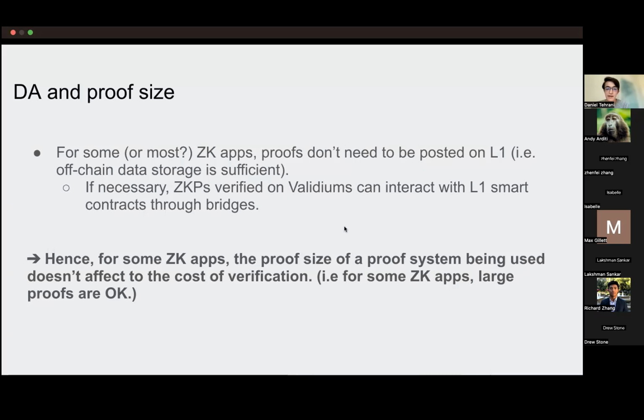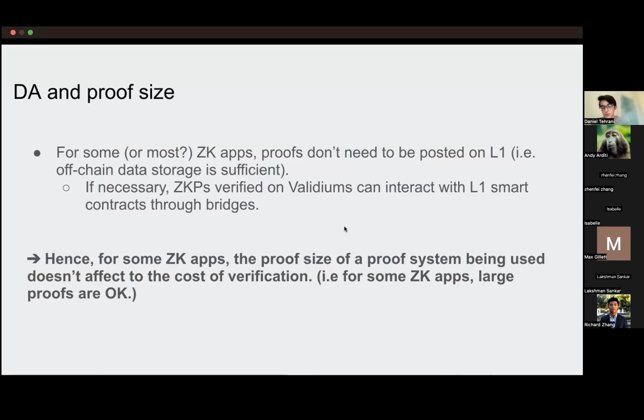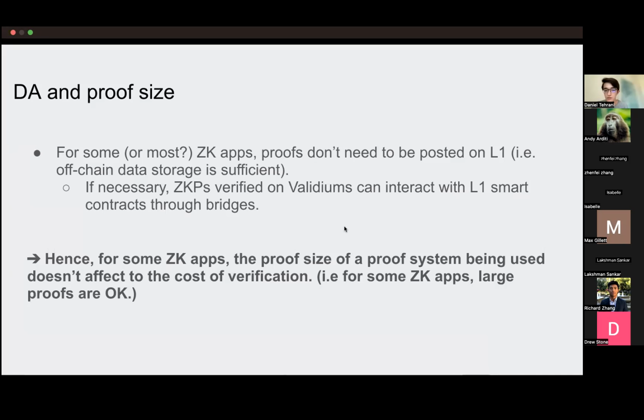The reason you want to post the entire proof on chain is that you don't want sequencers to freeze or take hostage of your assets. But for ZK apps like private voting or verifying privacy-preserving membership proofs, you don't need to have data available. The situation of data availability is different from asset transfers. So many applications should be okay with off-chain data storage.